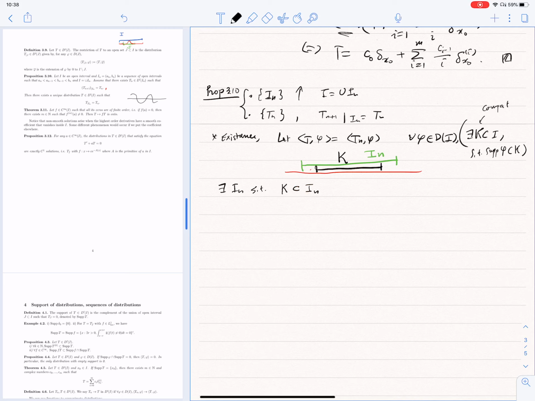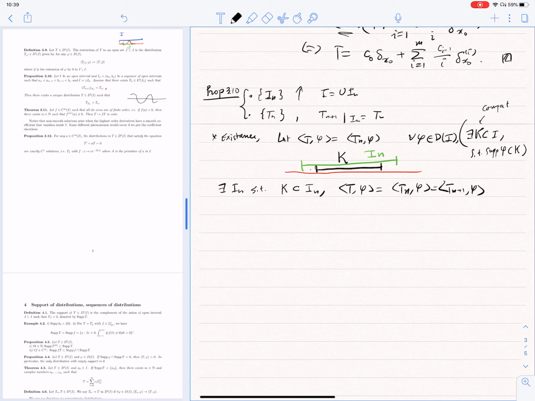If this is true, then by the consistent property we know that T(phi) can be defined as T_n(phi), T_{n+1}(phi), etc. By this consistent property, we see that after a certain n, the distribution does not change its value when it applies to phi, where phi has support contained in K. So indeed this is well defined for any phi.